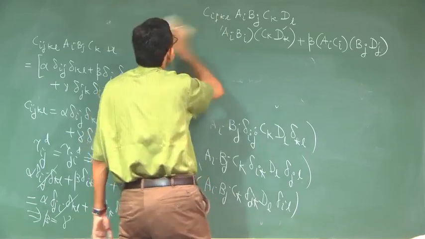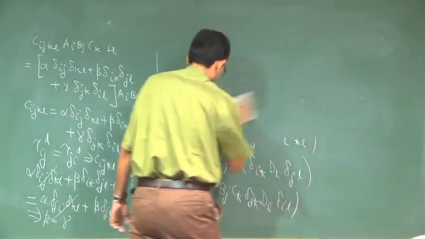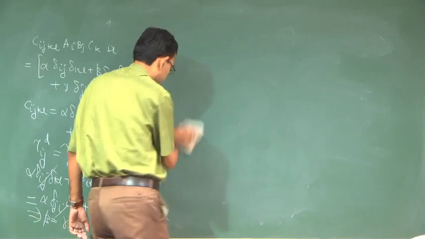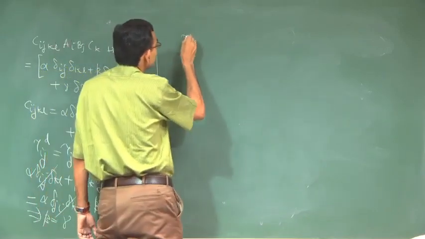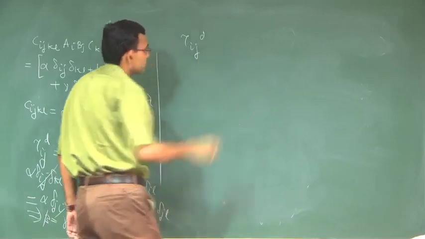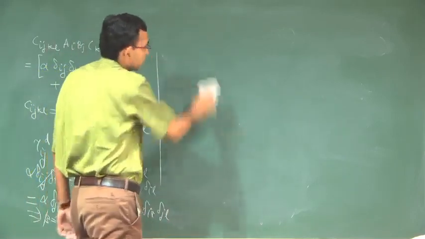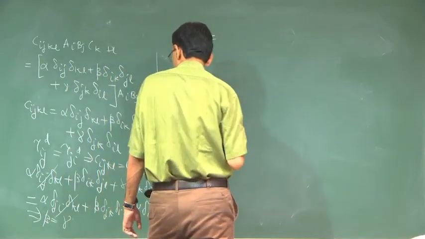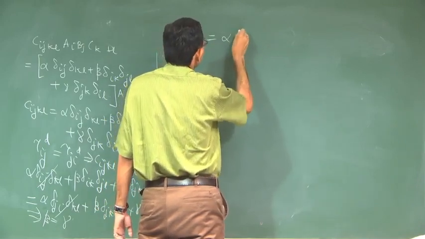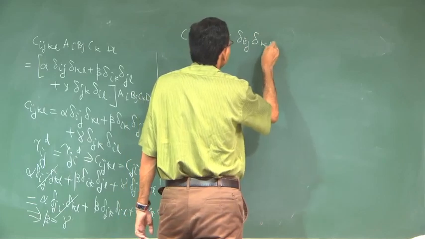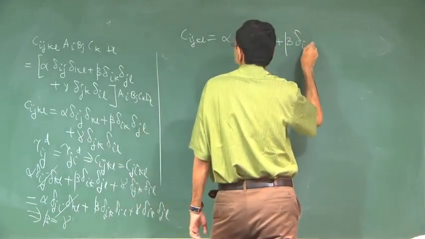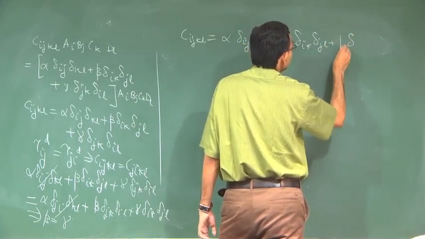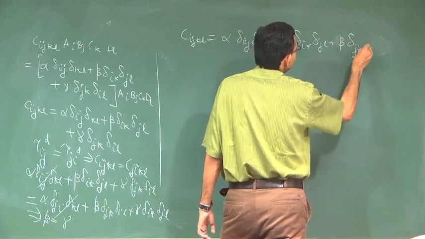So, now you are able to write tau ij, or Cijkl first, alpha into delta ij into delta kl plus beta delta ik delta jl plus gamma, gamma will be equal to beta, delta jk delta il.